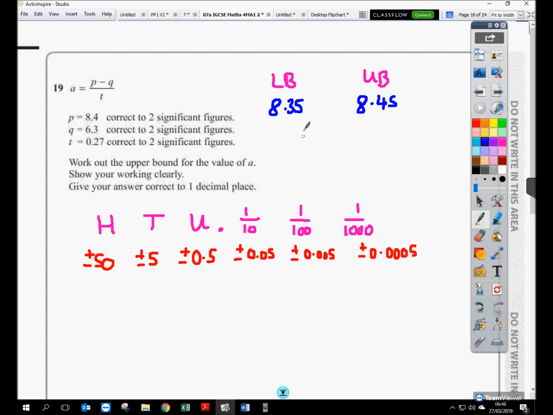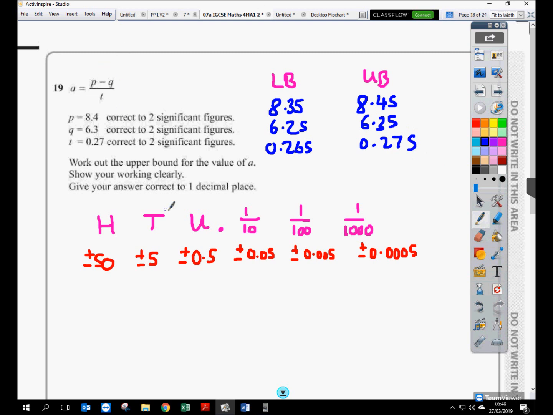For 6.3, in a similar method, we add and subtract 0.05: 6.25 and 6.35. And 0.27 has been rounded to the hundredths column, so it can be 0.005 either side. That's going to be 0.265 and 0.275, and we have 1 mark now.